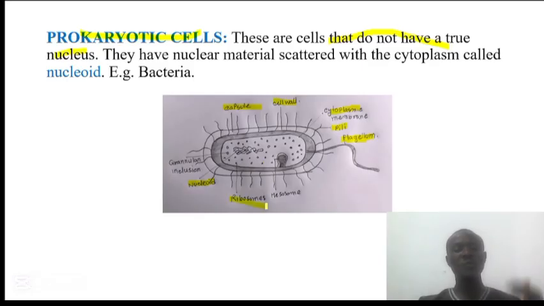The ribosome, just like we have in any other organisms, is there for protein synthesis. But here, we don't have mitochondrion for the production of energy. In this case, the production of energy happens within the cell membrane of the bacteria, which is labeled here as the cytoplasmic membrane.